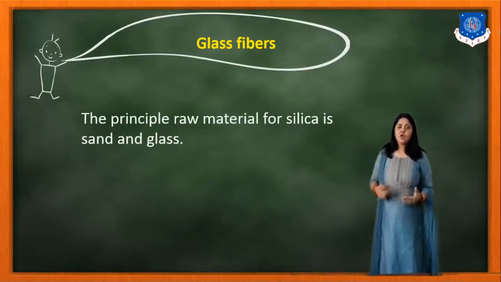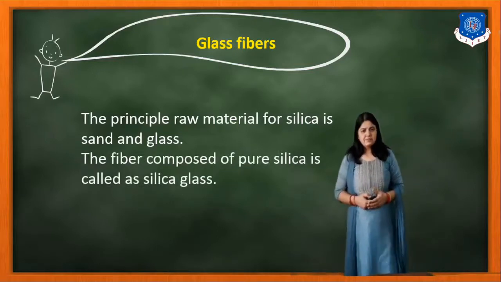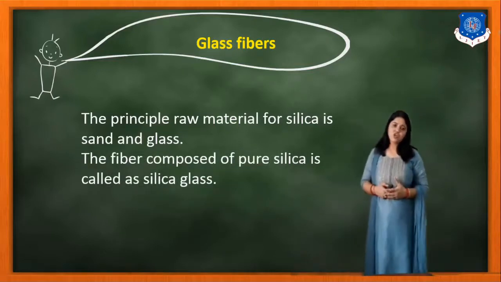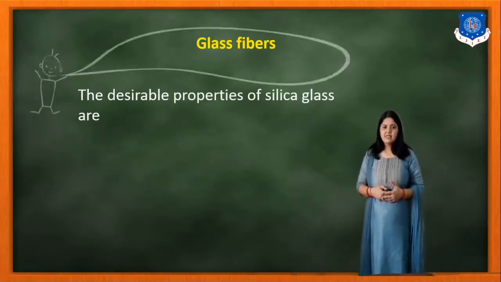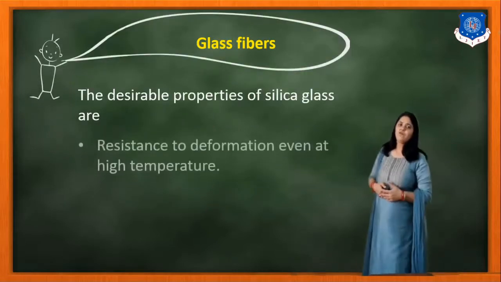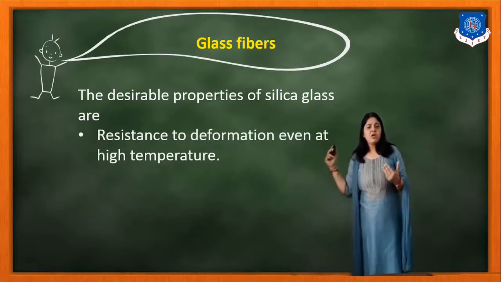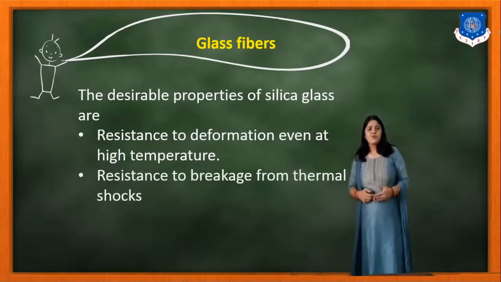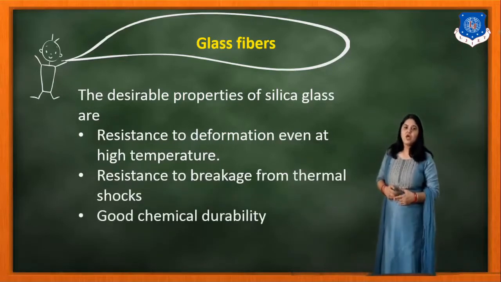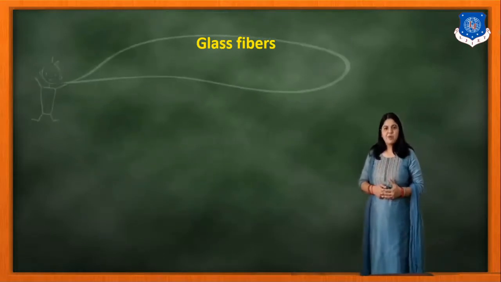The principal raw material for silica is sand and glass. A fiber composed of pure silica is known as silica glass. The desirable properties of silica glass are resistance to deformation even at high temperature, resistance to breakage from thermal shocks, good chemical durability, and better transparency.